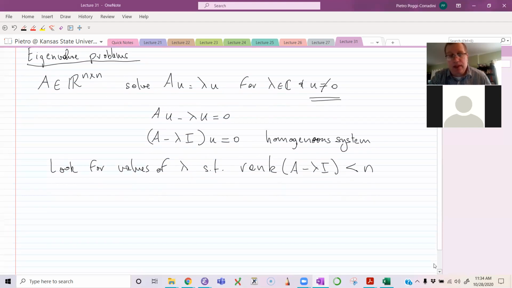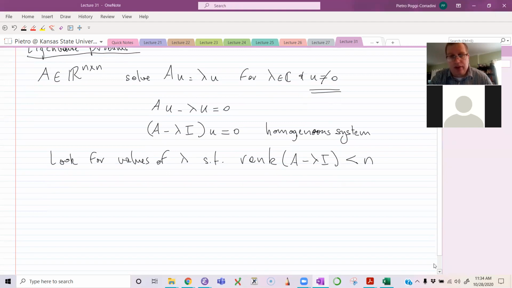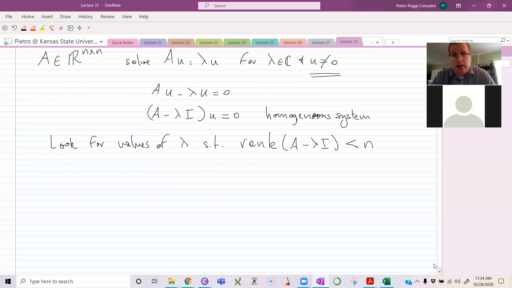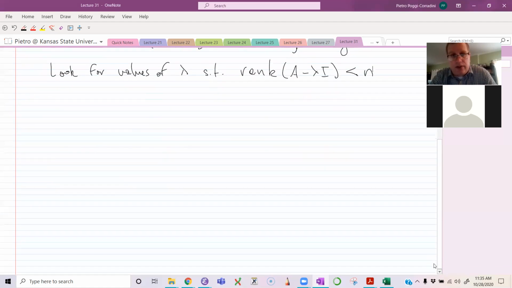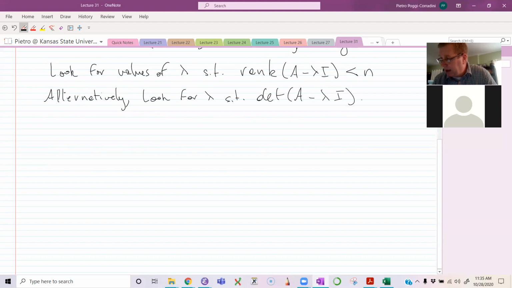Another way to think about this, because we are in a situation of square matrices, a square matrix has full rank if and only if it's invertible. And so alternatively, we can look for lambda such that the determinant of A minus lambda I is zero.